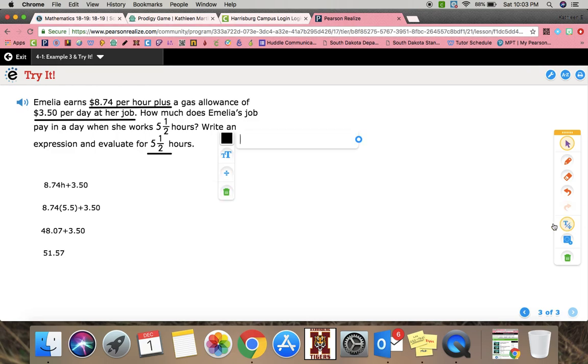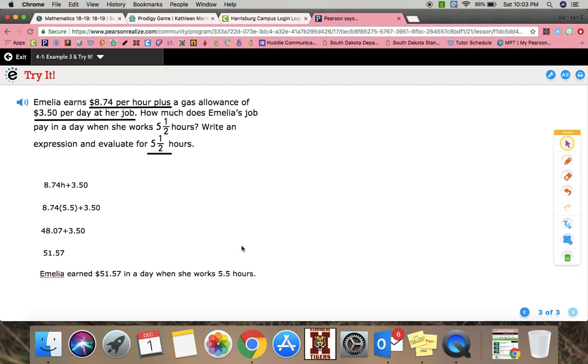So what does that mean? That means that Amelia earned $51.57 in a day when she works 5.5 hours. That is what the solution ends up being.